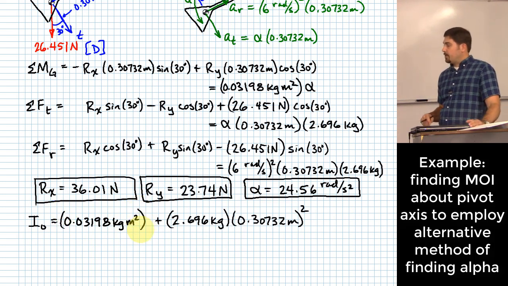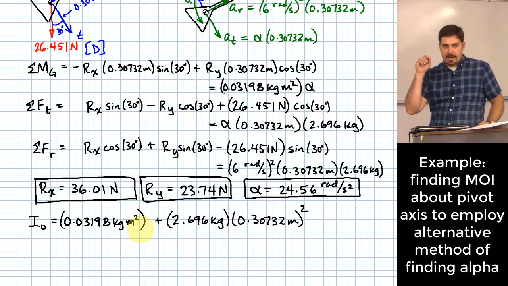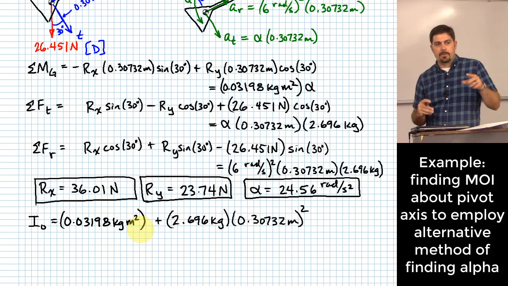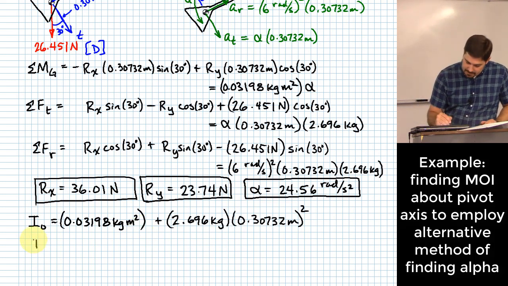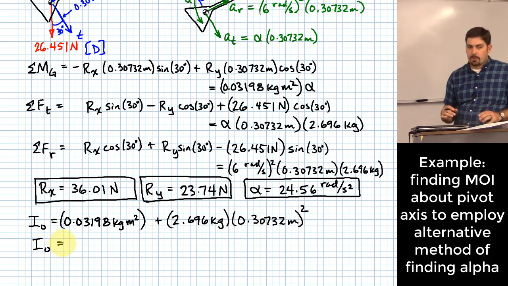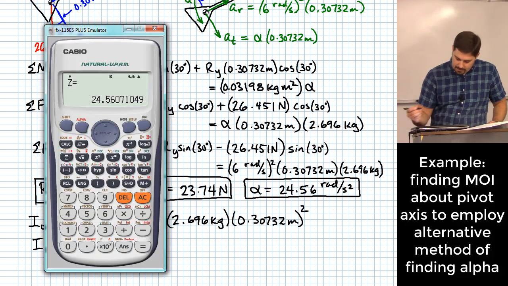What I'm evaluating here is a moment of inertia now about an axis that coincides with the pin that this thing swings from, or the ball that it swings from. Okay? And it's going to be significantly larger because it's moving that mass further away from the axis around which I was saying that it's rotating. So let me do this.